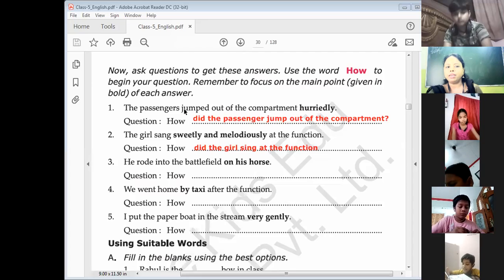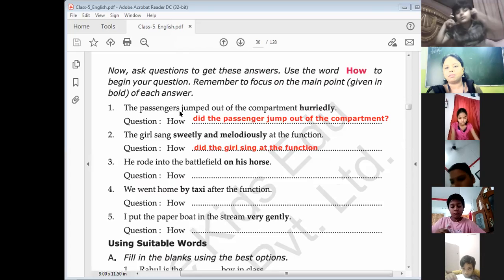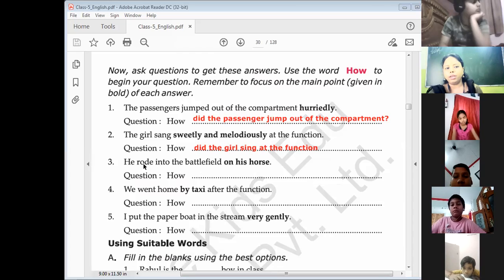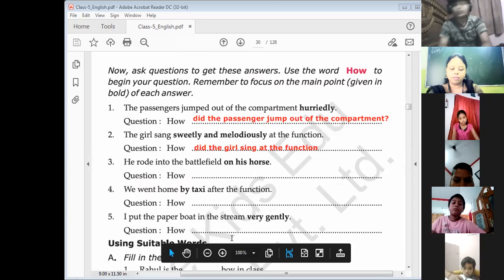So students, whenever we are changing any verb, you can see here, this is past tense, so we have to make that verb the first form of the verb. You can see jumped is changed to jump, sang is changing to sing. So here you can see rode. This is the second or third form. You have to tell me the first form. The first form of rode is ride.